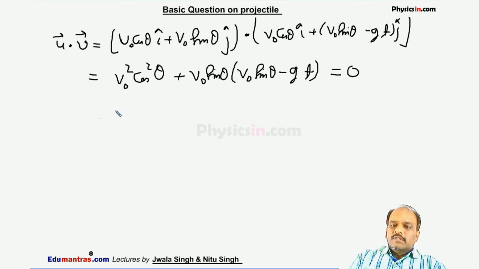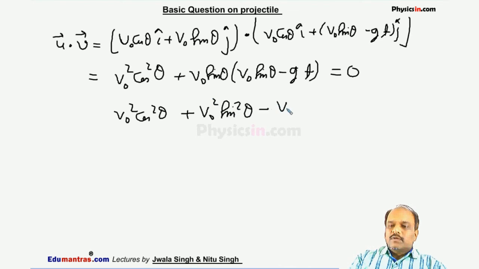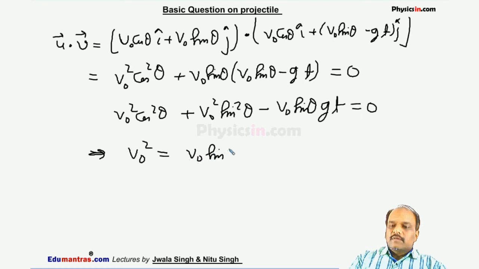So from here we can say v naught square cos square theta plus v naught square sin square theta minus v naught sin theta into g into t is equal to 0. So v naught square must be equal to v naught sin theta into gt, because we know cos square theta plus sin square theta is 1.